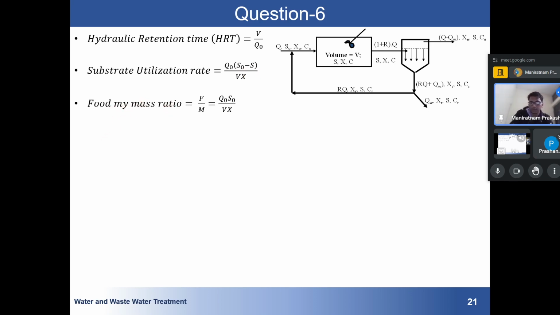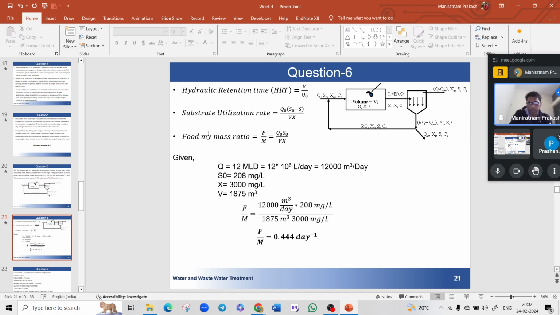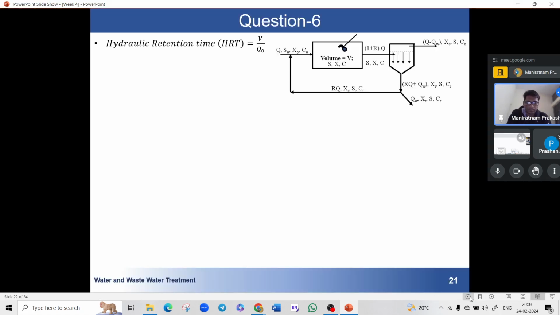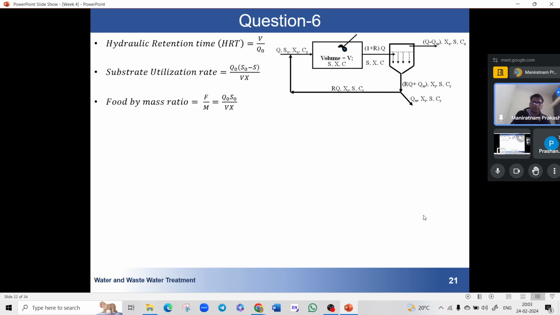Okay, the third is food by mass ratio, sorry for the mistake. The formula is given.